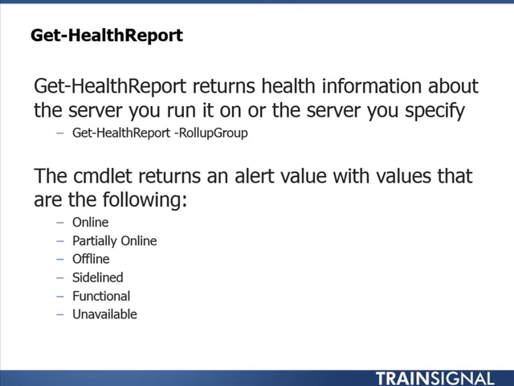So this commandlet returns an alert value with values that are the following: online, partially online, offline, sidelined, functional, or unavailable. Let's jump over to our server again, and let's use these two commandlets. You'll see how the get-server health returns a lot of raw data, and then you'll get a chance to see how using the get-health report really refines things and pulls it all together.